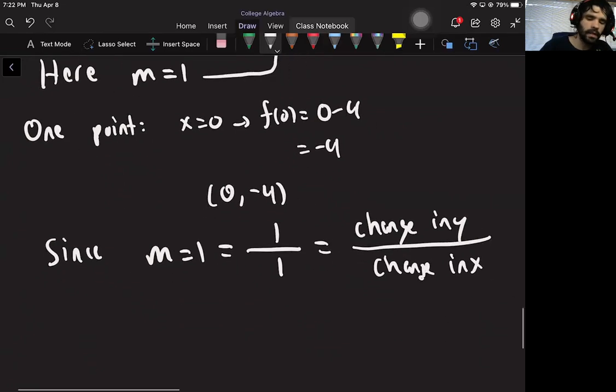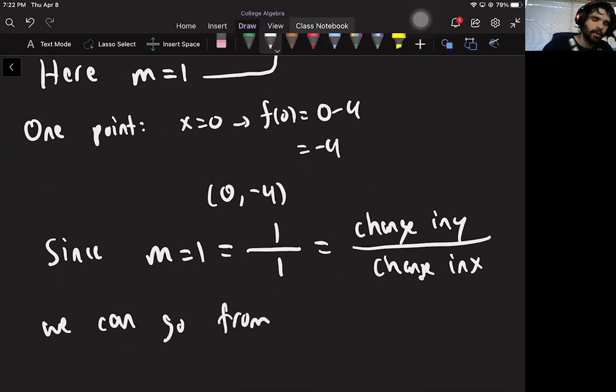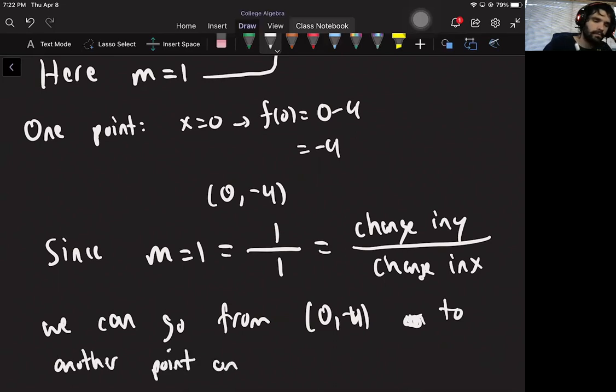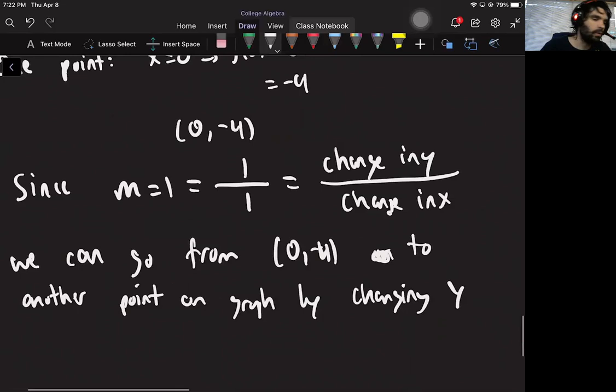So what this is then saying is that we can go from a point that we know to another point on the graph by changing y by 1 and changing x by 1 at the same time.